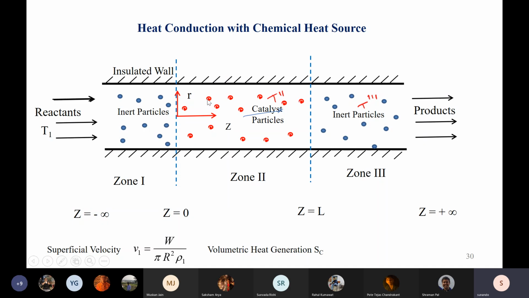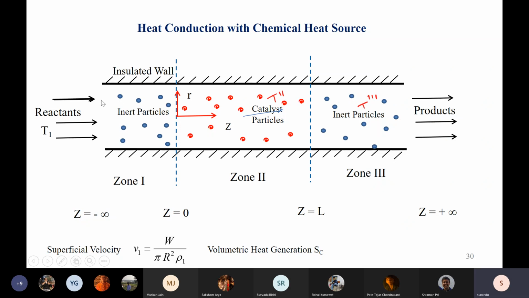So the catalyst particles, this is at Z equals 0, and the reaction ends at Z equals L, because the catalyst particles are only present between 0 to L. But there is a region before the start of the reactor and an identical in diameter, identical portion after the reactor where we only have inert particles.